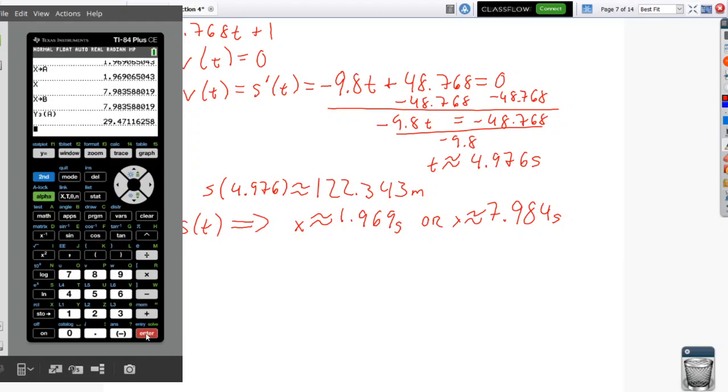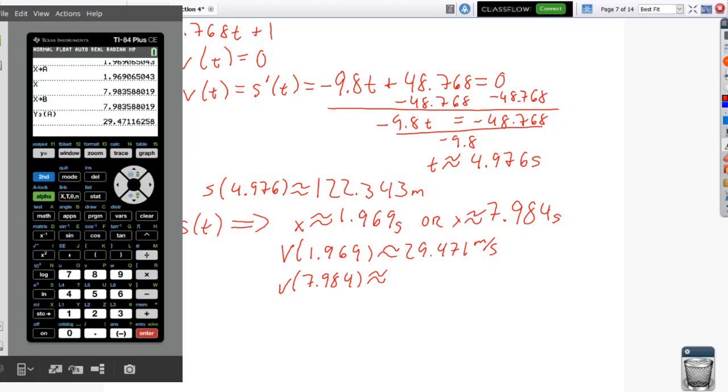And boom, my V of 1.969 is approximately 29.471. And that's in meters per second because we're talking about velocity. My V of 7.984 is approximately, well, let's just do the exact same thing.